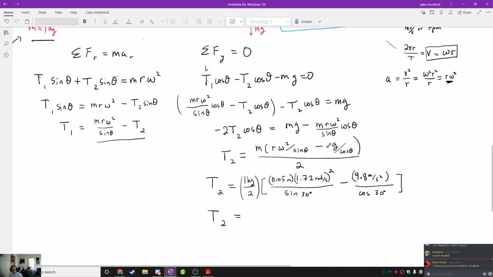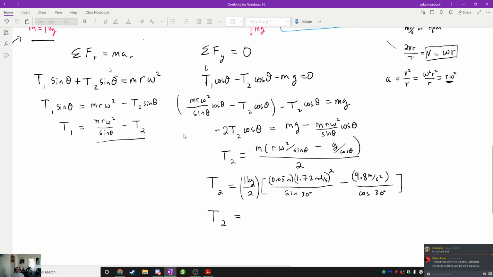Oh no, the mass is on the outside. I factored the mass out. No, Calvin, when you divide by negative 2, we're going to get the same answer. I'll just redo it, but we'll get the same answer. It doesn't matter how you do it.